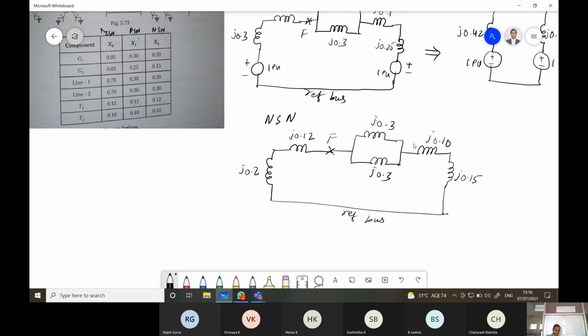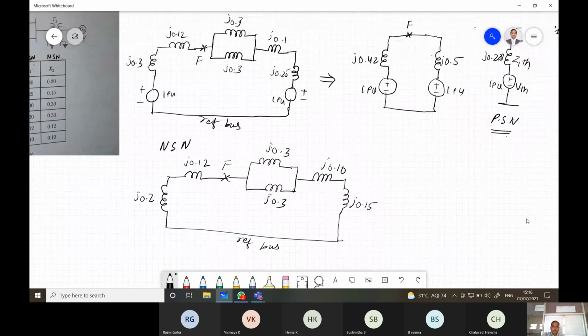Simplify the same circuit, you will get like this. These two are in series, 0.2 plus 0.12, J 0.32.